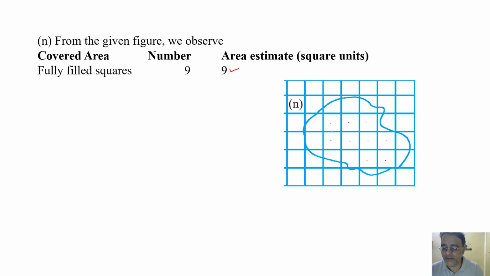Now we are going to see the half. हाफ यहाँ पर एक भी नहीं है. एक है. Which one? This is more than half. Okay. So now we are going to calculate the more than half.